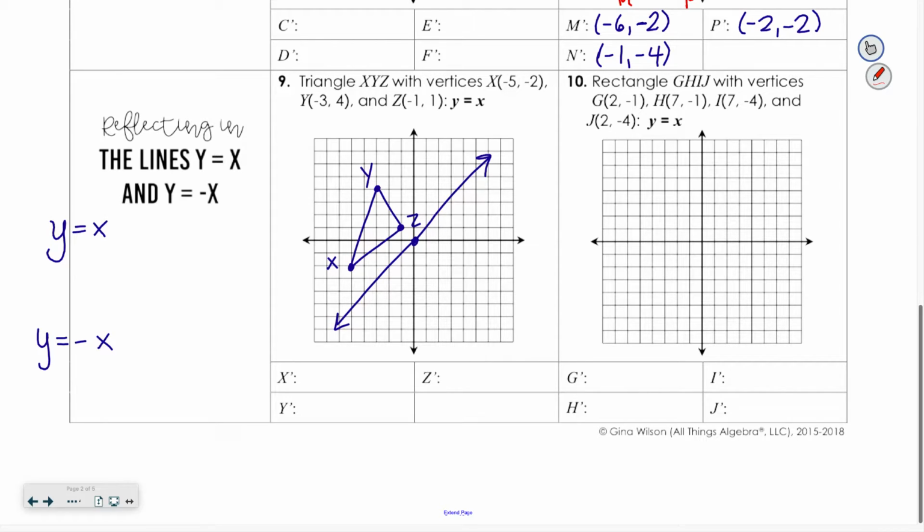Now, these rules are also written on that sheet that I said is very important, and Ms. Jackson should have put it on colored paper. These are also on there, but I want to write them on here as well. So if you are reflecting over the line y equals x, you're going to take your ordered pair, x, y, and you're going to make it y, x. You're just going to change the order that they're in.